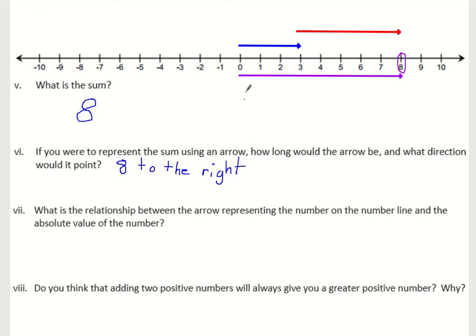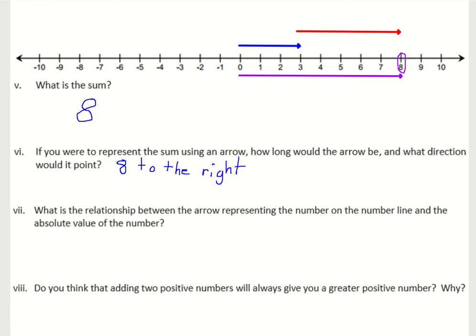My arrow for 3 was 3 units long, and the absolute value of 3 is 3. My arrow representing 5 is 5 units long, and its absolute value is 5. My arrow representing 8 was 8 units long, and the absolute value of 8 is 8.